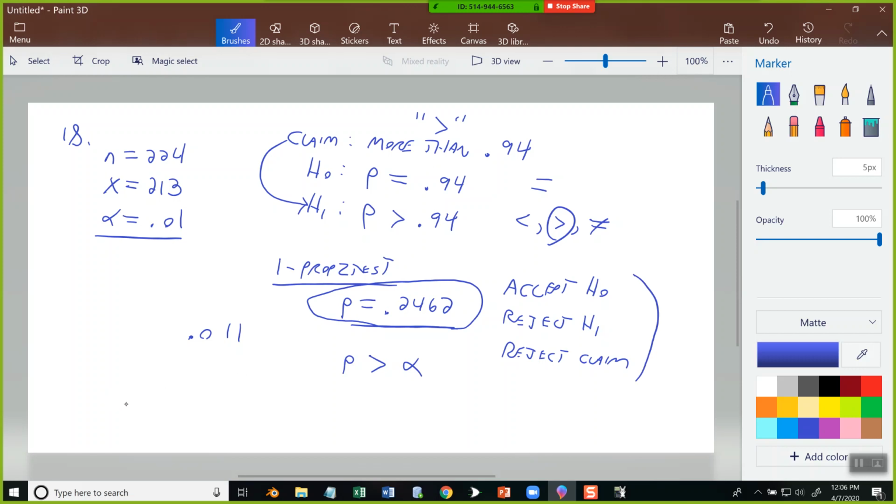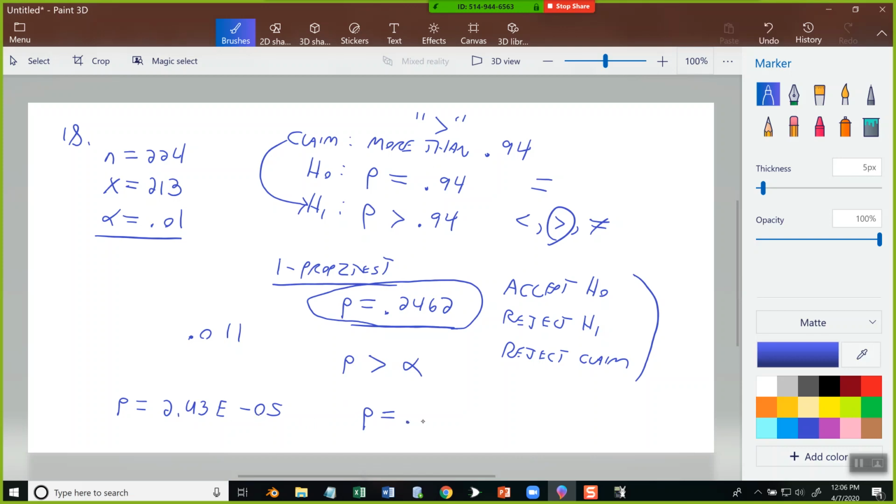Now, sometimes a calculator will give you things like this. It'll tell you p is equal to 2.43 e negative 05. Now, the p-value is a proportion, so it gives you a value between 0 and 1. You cannot have a p-value greater than 1. When you see this, that e negative 05, how you interpret that is that it tells you to move your decimal point 5 places to the left.